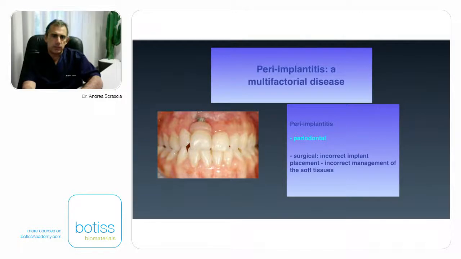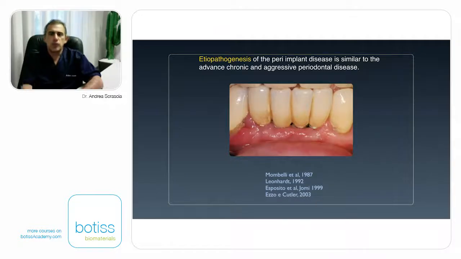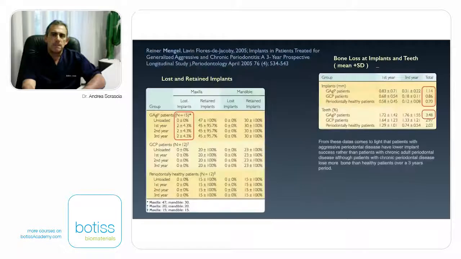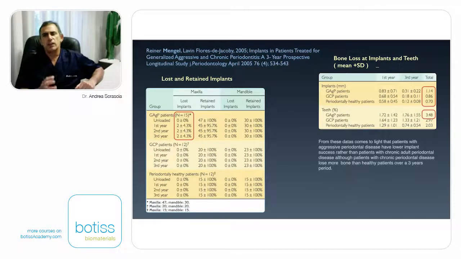Periimplantitis from periodontal disease. We have to remember that the etiopathogenesis of periimplant disease is similar to advanced chronic and aggressive periodontal disease. So this is an extremely important research. I often use this research because it's one of very few studies in which patients with generalized aggressive periodontitis were treated with implants and compared to periodontally healthy patients and patients with chronic periodontitis.